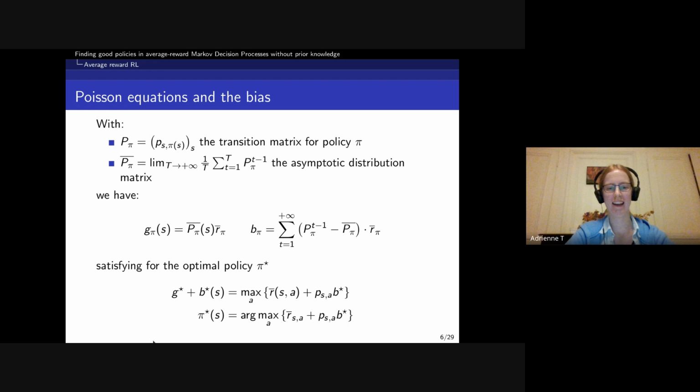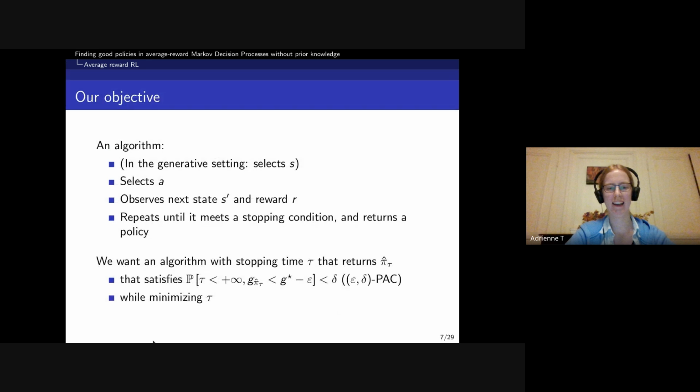Now, remember, what we want to do is find algorithms that find a good policy, a policy that maximizes the average rewards. What that means is we want an algorithm: something that will iteratively pick a state, an action, observe, and do that over and over again until it meets a stopping condition.